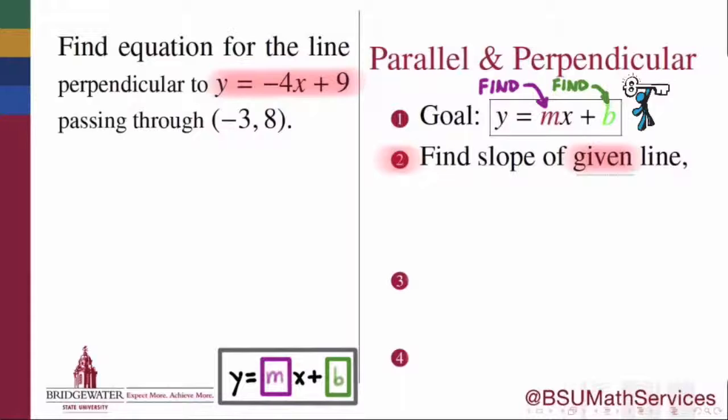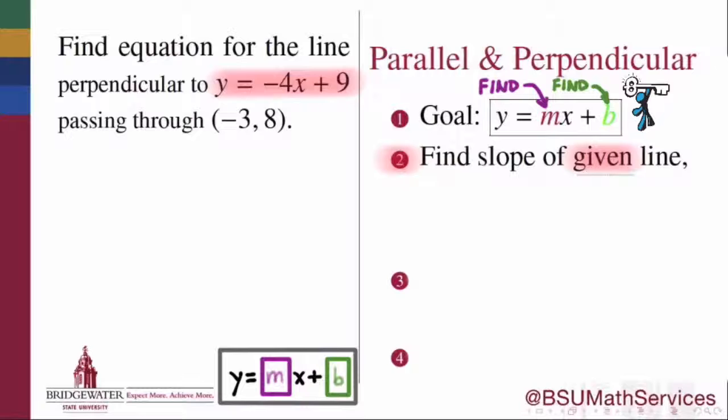The reason we focus on the slope and are going to ignore the intercept altogether is that the question of how to make a line which is either parallel to this one or perpendicular to this one is really a question of direction. Which direction should our new line go in? And the direction that our new line goes in should be determined only by the direction of the original line that we've been given.